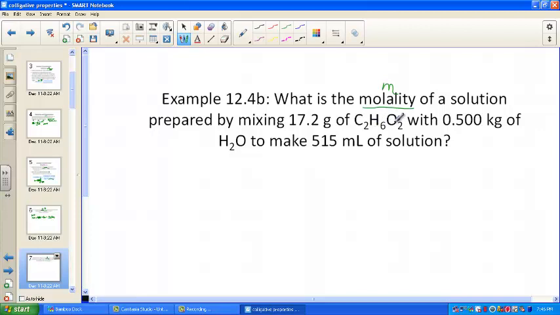Again, the nomenclature is not important, but I like to seed the organic words as much as I possibly can. They may or may not appear on the AP exam, but it's sure good practice for your next lessons in organic. Ethylene glycol, C2H6O2. Ethyl comes from the 2 carbons. I prepare that with 0.5 kilograms of water in 550 mils of solution.